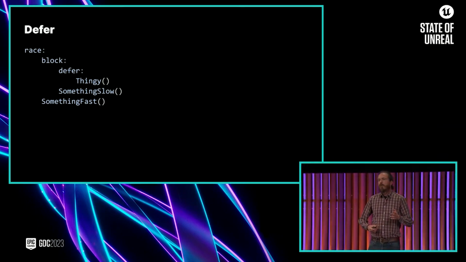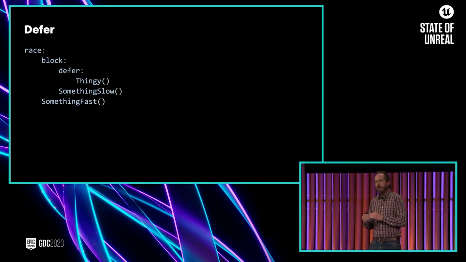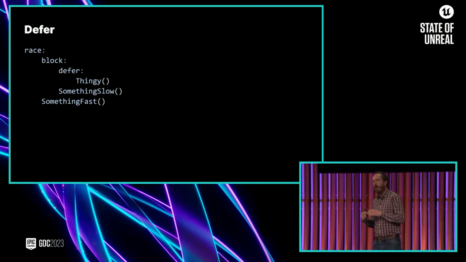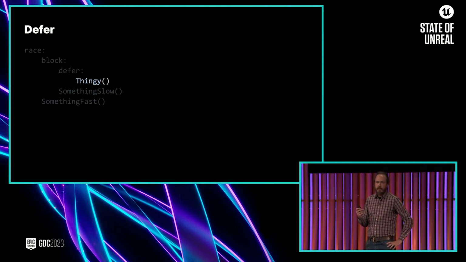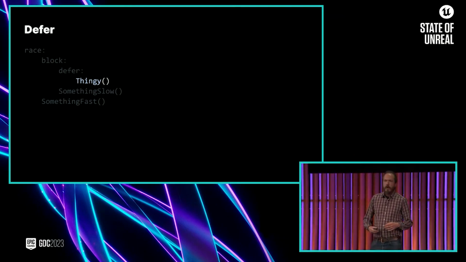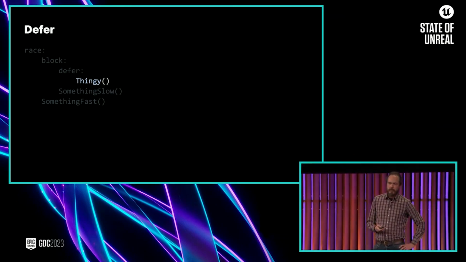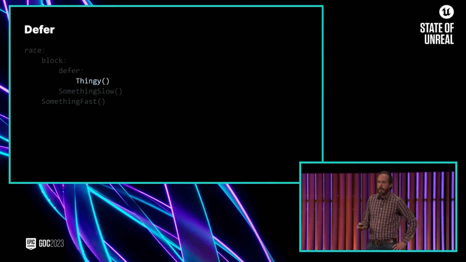As you recall, race will run until whichever coroutine finishes first, and then the other coroutines are canceled. But the defer statement ensures that when that first coroutine is canceled because it was too slow, it will run the thingy function immediately upon being canceled. So this lets you manage cancellation in your code in some way. So it's not just that your coroutine goes away, you can actually run some cleanup code.